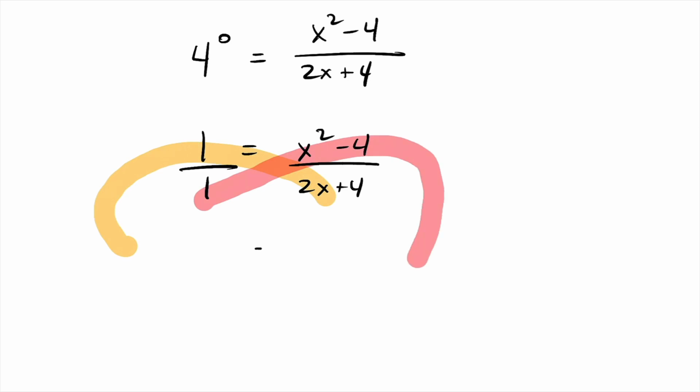Luckily, everything is being multiplied times 1. So the red is going to be 1 times x squared minus 4, which is x squared minus 4. The orange is 1 times 2x plus 4, which is just 2x plus 4. Set equal to 0?